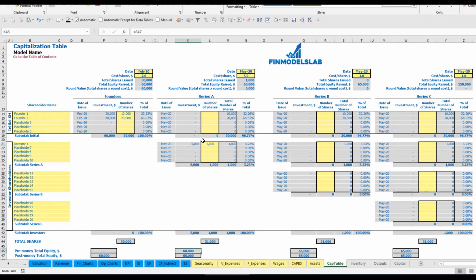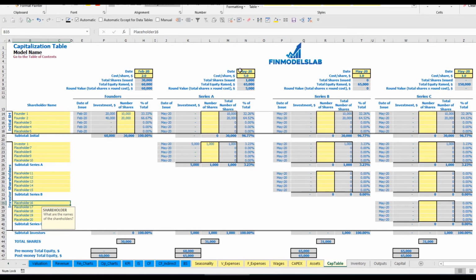You may see that before the Series A total equity was $60,000, after is $65,000, and investor 1 will have 3.23% of shares, and the shares of founder 1 and founder 2 also diluted. 32.26 and 46.52%.